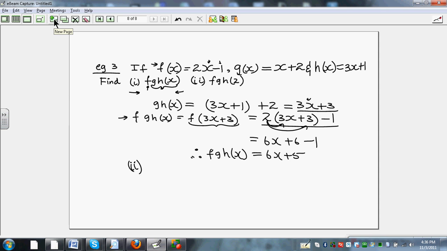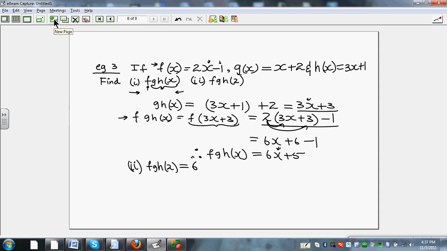We do part 2 next. So if we have to now find in part 2 fgh of 2, all we'll do is write fgh of 2 will be equal to, and instead of x in fgh of x, we replace that with 2.